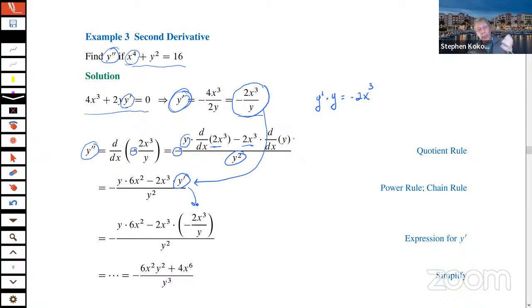In the interest of saving a little bit of time, there are 3 dots in here, Curtis, I did a little bit of simplification and I arrived at that expression for y double prime. Pretty cool. So we can actually take implicit differentiation another step further to find y double prime, perhaps even to tell us a little something about concavity.